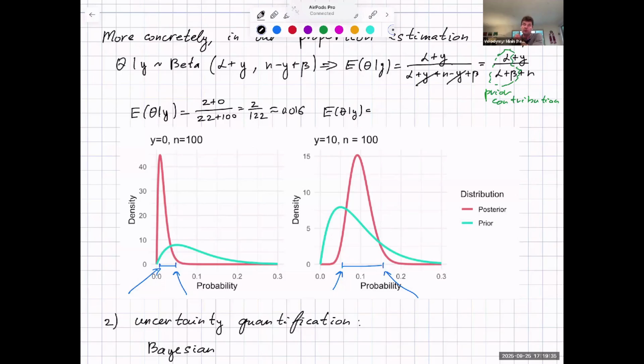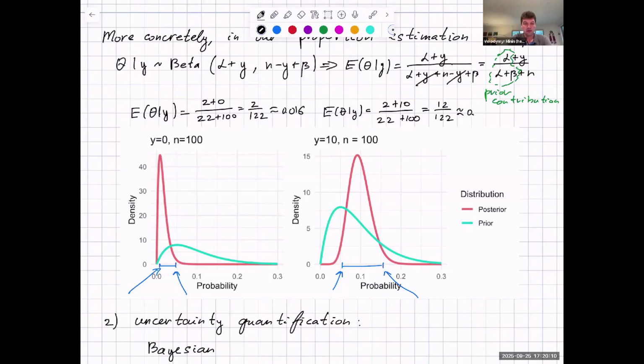The reason we're doing this is probably we believe that our event has some maybe small probability, but not 0 probability. In case of 10 out of 100, this is a different scenario. We will get 12 over 122, and that will be approximately 0.098. Sorry, hold on a second, I did something wrong here.